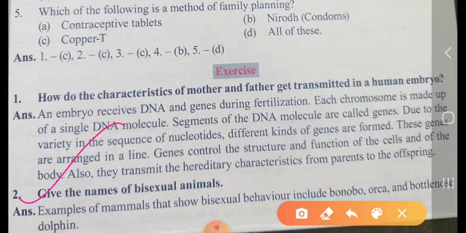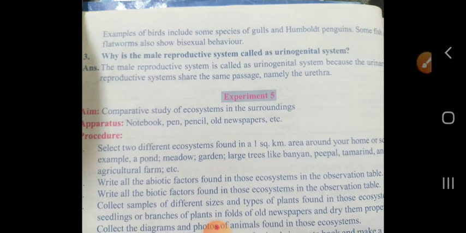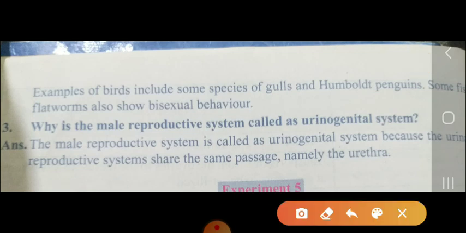Some fishes and flatworms also show bisexual behavior. Here we can see all these examples are given. Then the third question: why is the male reproductive system called the urogenital system? The male reproductive system is called the urinary genital system because the reproductive system shares the same passage as the urethra.